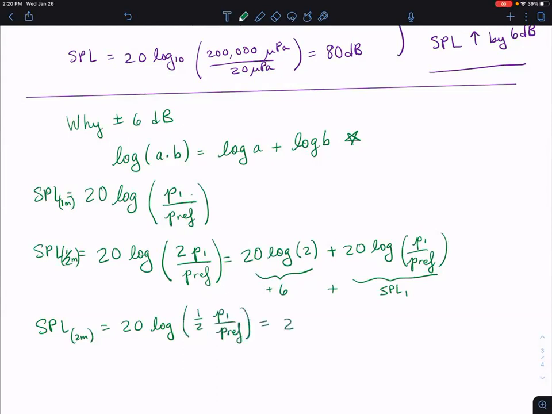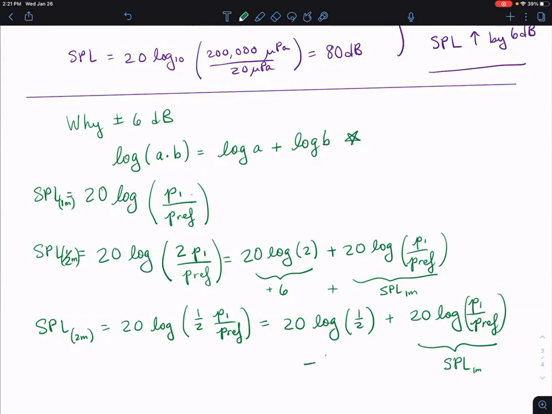Again, breaking it up based on this property of log, we would have 20 log of a half plus 20 log of P1 divided by Pref. This again is the sound pressure level at 1 meter. But this, if you put in a half and do log and 20, it will be minus 6. Logs of fractions are always negative; the negative comes if the argument is less than 1. So that is why we have our plus and minus 6 dB when the distance is halved or doubled.